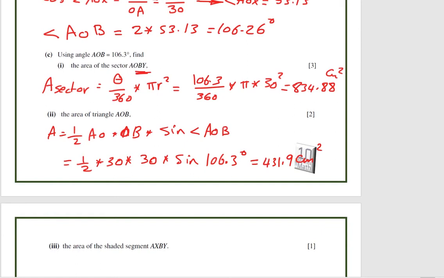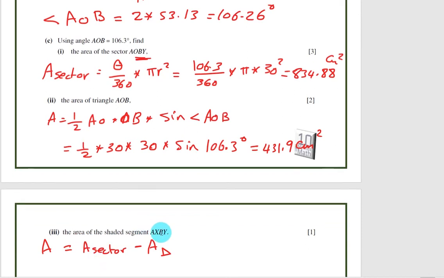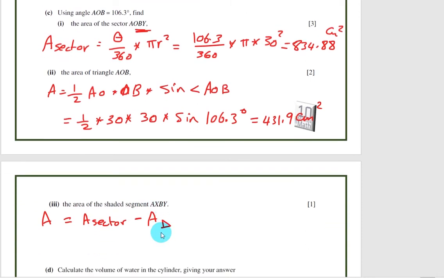The area of the shaded segment AXBY will be the area of the sector minus the area of the triangle. So area of segment is equal to area of sector minus area of the triangle, which is 834.88 minus 431.9.